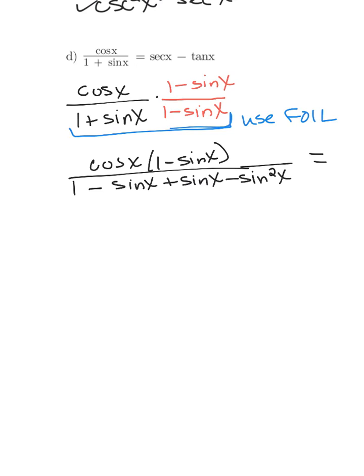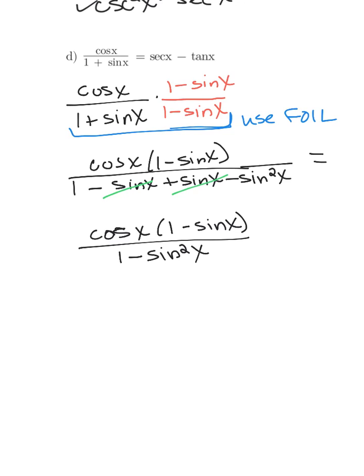Well, looking in the middle here, negative sine, positive sine equals 0. So now we still have our numerator as it was originally. And our denominator simplifies to become 1 minus sine squared of x.